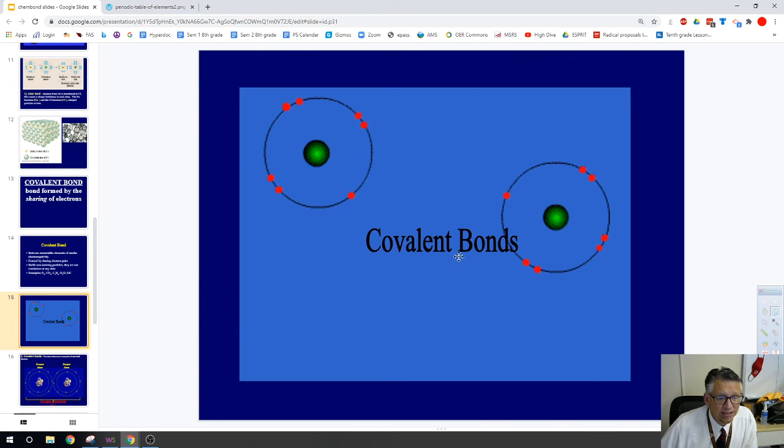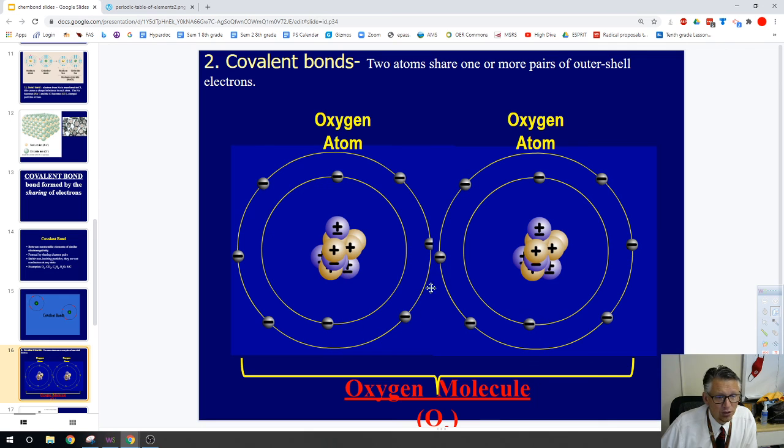So here's an example of an element that is in group 7. There's 2, 4, 6, 7. And when they get close, they are going to share these outer electrons and they overlap. So here is our group 7, and this just happens to be oxygen.